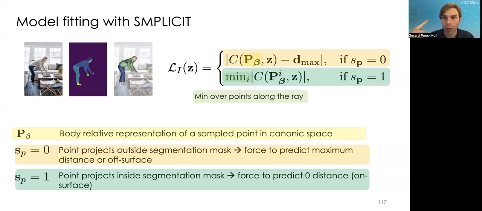They are sampled along the rays that go from the camera center through the pixels. After doing this, you will sample lots of points, and then you can recover these surfaces that are aligned with the semantic segmentations in the images, and they are on top of the body.